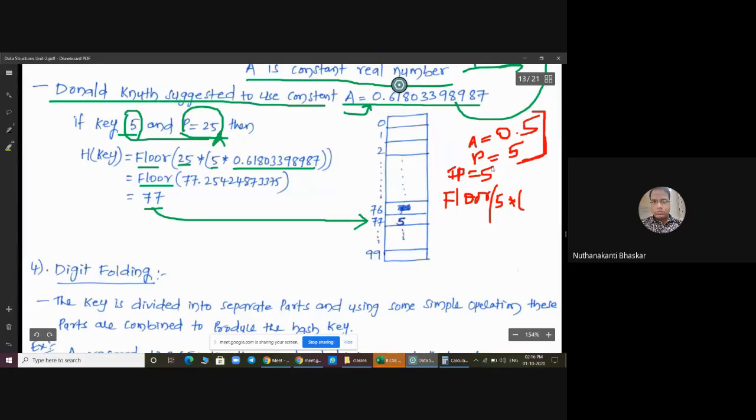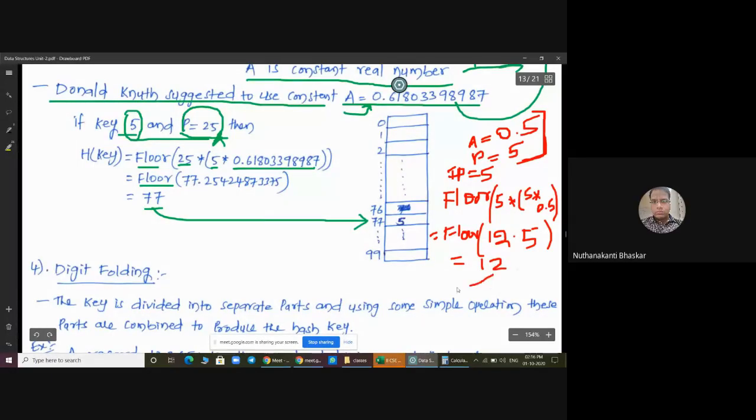Now, what is the input data? 5 into the real constant 0.5. What is the value here? 5 into 0.5 is 2.5. 2.5 into 5 is 12.5. Now, what is the floor value? 12. After floor, 12.